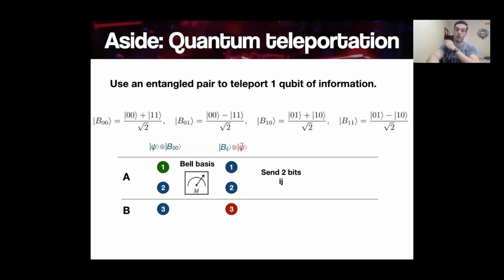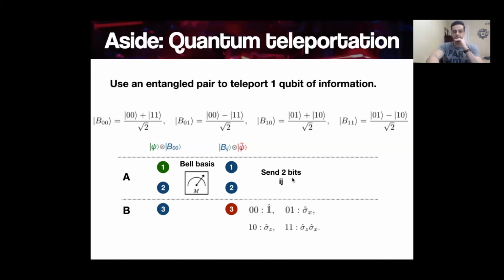What he does is he waits for Alice to send Bob two bits that correspond to which Bell state was measured. So is it the 00, the 01, the 10, the 11, where these two numbers are just a label. Alice sends these two bits to Bob, and Bob does one of four things, depending on the bits Bob received. So if Bob receives 00, he does nothing; if he receives, say, 10, he does a sigma z.